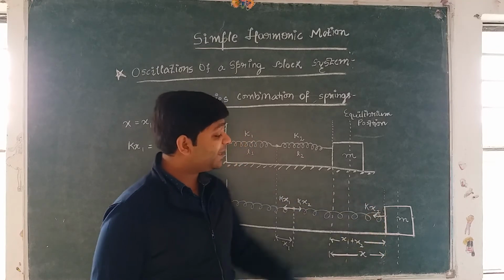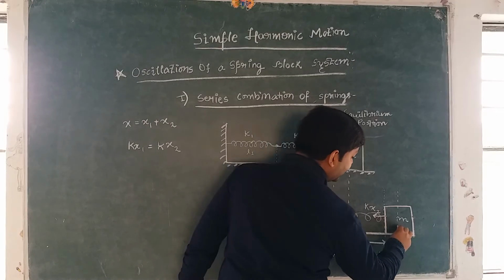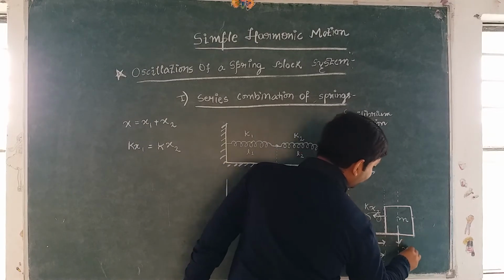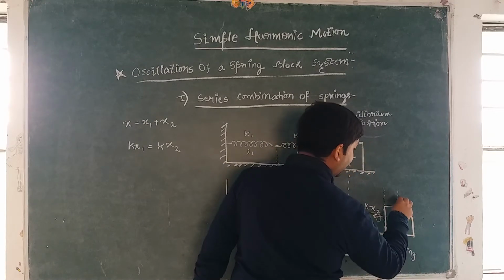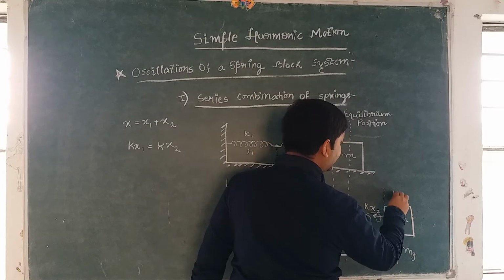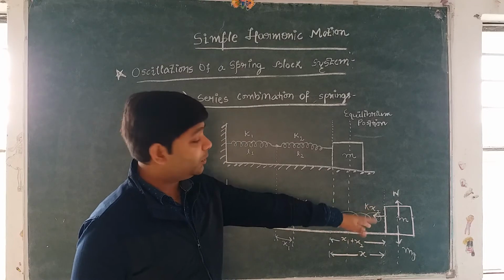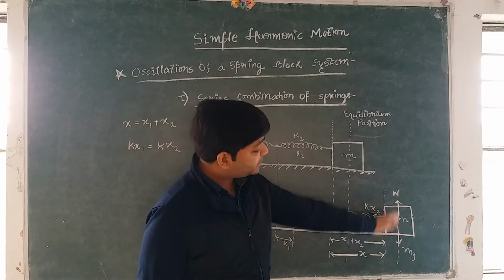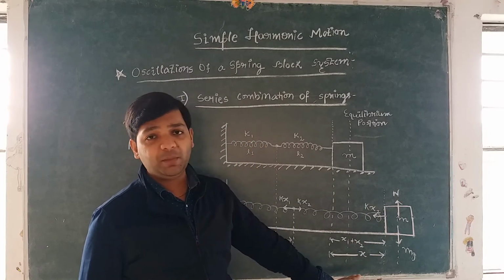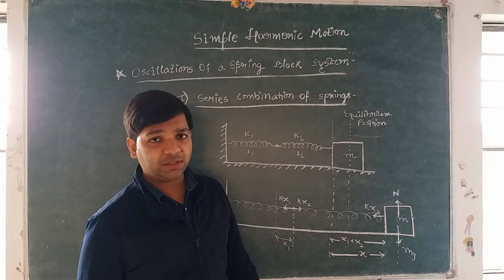Now if we draw the FBD of this block, what will happen? There will be mg force in the downward direction and there will be a normal reaction from the surface in the upward direction equal to N. N and mg will be balanced, N = mg, so forces in the vertical direction are balanced, and there will be no motion in the vertical direction.